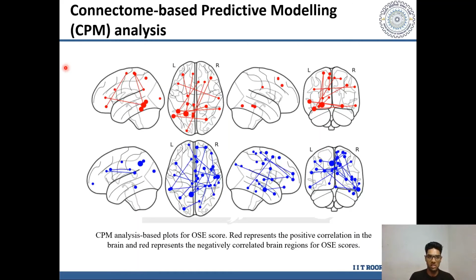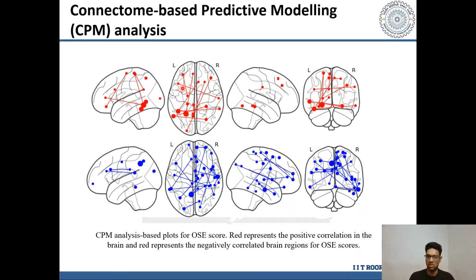We can also analyze these regions. Red are the positive correlations and blue are the negative correlations. Although we were able to get to a much smaller number of nodes, here the number of regions is very small. Actually there should be 19,900 connections, but here we can see only 100 of them.